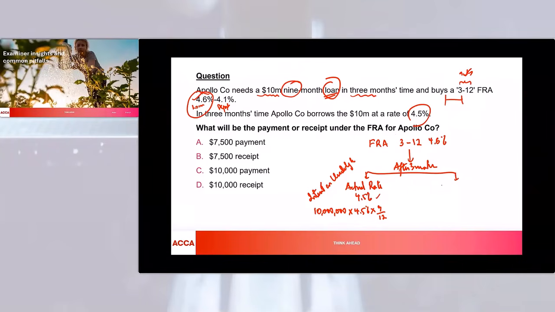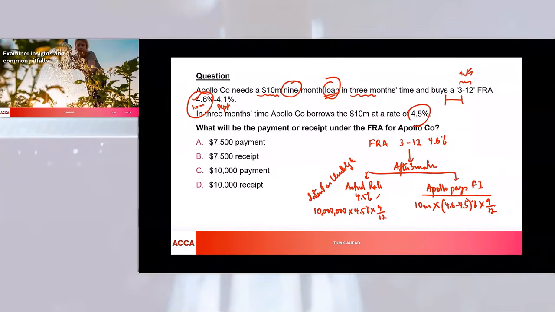4.6. So here the company, that is Apollo, pays the financial institution 10 million into 4.6 minus 4.5 percent into 9 divided by 12.